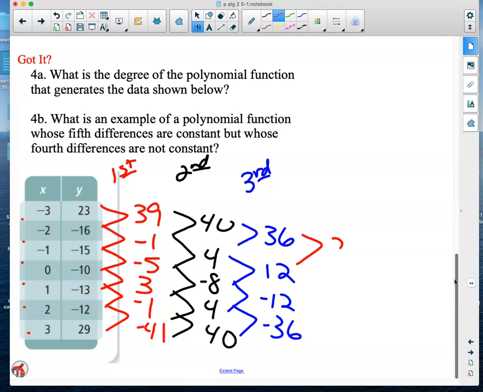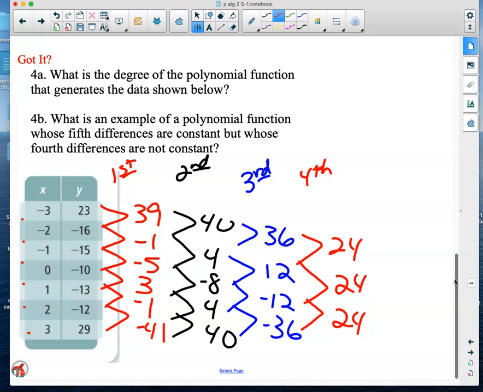36 minus 12 is 24. 12 minus a negative 12 is 12 plus 12. Oh, 24. Negative 12 minus a negative 36 is going to be negative 12 plus 36. We found it.